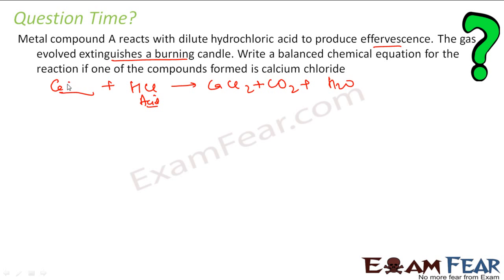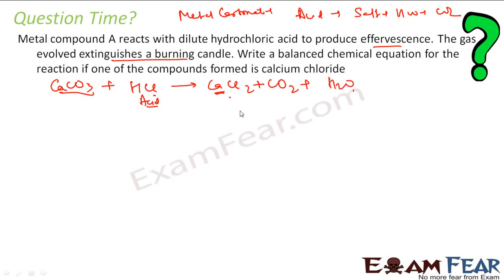This can be calcium carbonate, because calcium is already there. We know that metal carbonate plus acid gives salt plus water plus carbon dioxide. Salt, carbon dioxide and water are already there, and acid is here, so it has to be metal carbonate. Let's assume it's calcium carbonate.